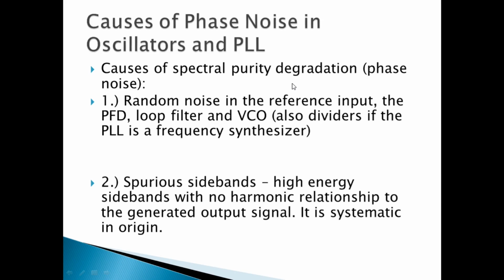So let us talk about phase noise in oscillators and PLL. The causes of the spectral purity degradation are due to the various noise that is introduced by the elements in the system.